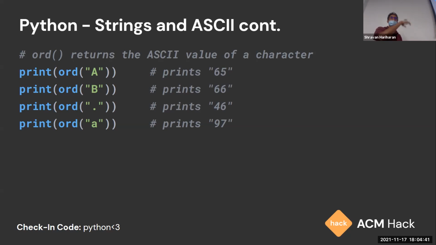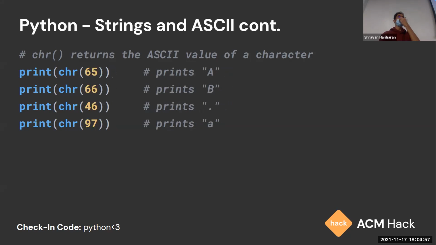So A would map to 65, B 66, the dot would be 46, a would be 97. That's how we can do that. If you pass in a string with more than one character, then an error will be thrown. It should just be length 1. And we can also go the other way with the chr function to map an ASCII value to a character.